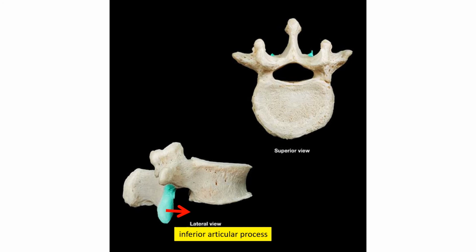The inferior articular process of a lumbar vertebra is pointing lateral. So the facet of the superior is pointing medial and the inferior is pointing lateral, so that they meet and connect these two vertebrae.